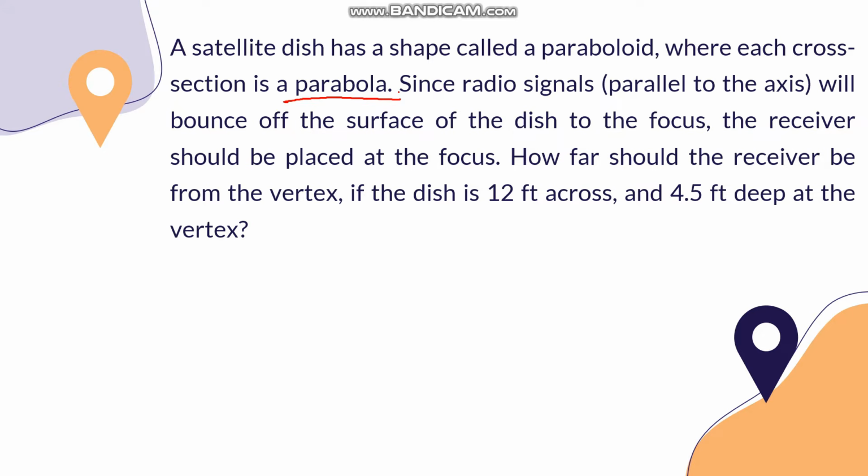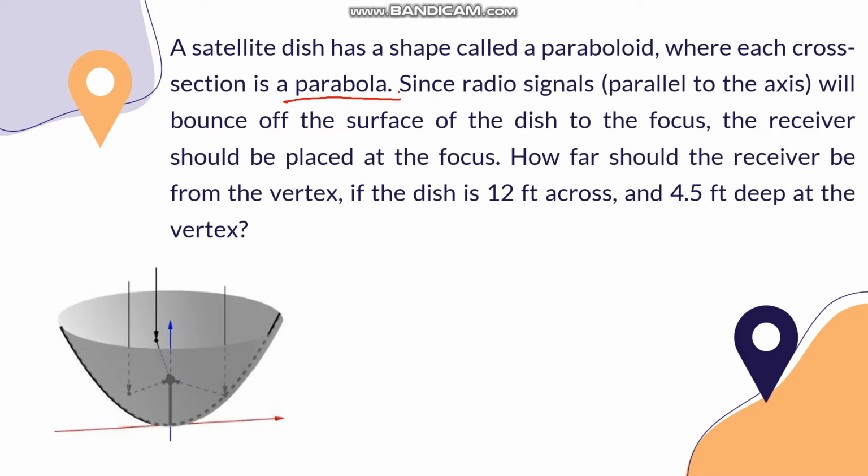So again, we will be using the concepts involved with parabolas in order to solve this word problem. We have here a satellite dish. This is a real-life example of a parabola. This is how it looks. In our problem, it was mentioned that the radio signals will bounce off the surface of the dish to the focus. Since that happens, the receiver should be placed at the focus.